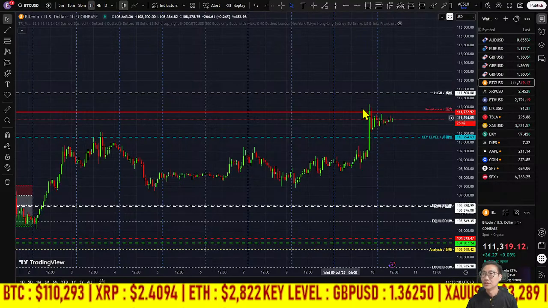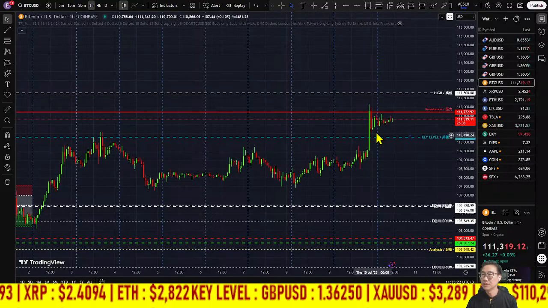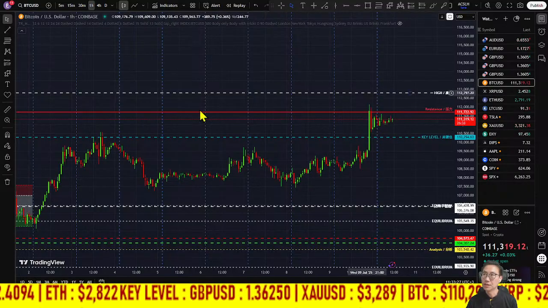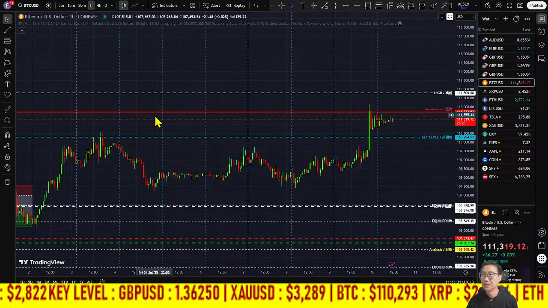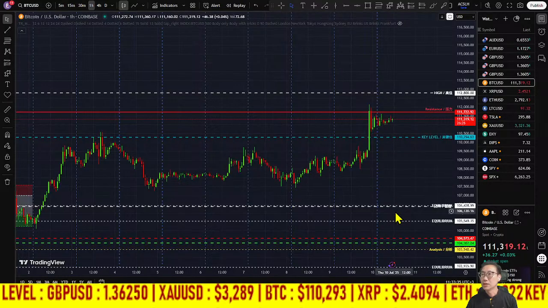Possible. So over here, this is the key level. If this is going to hold above, we are likely to see the next move taking 112,800 to 900. So the next thing that we are looking out for is the lows.